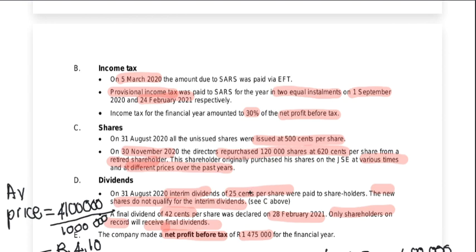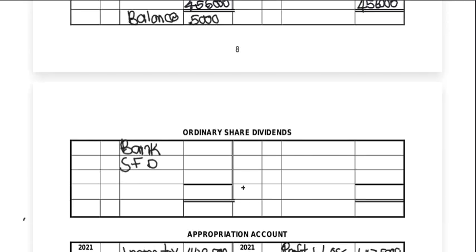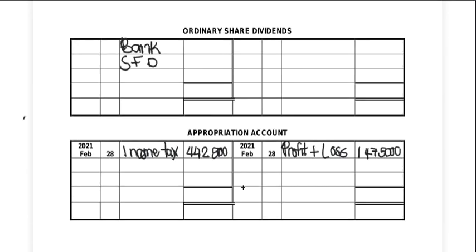It's 25 cents for 600,000 shares. 0.25 times 600,000 shares. That should give you 150,000. And for our final, we have the 1 million shares minus the 120,000.